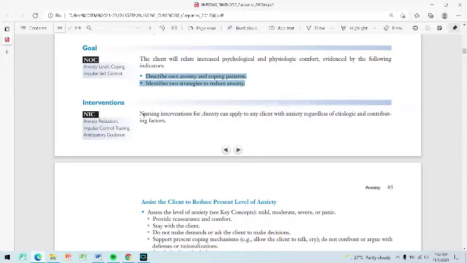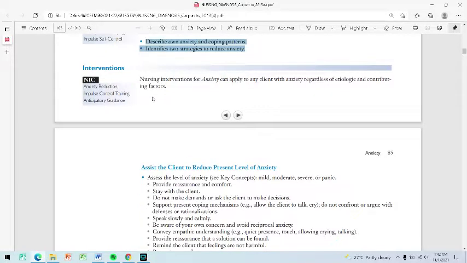It's written here, nursing intervention for anxiety can apply to any client with anxiety regardless of etiology and contributing factors. So this is applicable in all cases, in all types of medical or surgical cases.